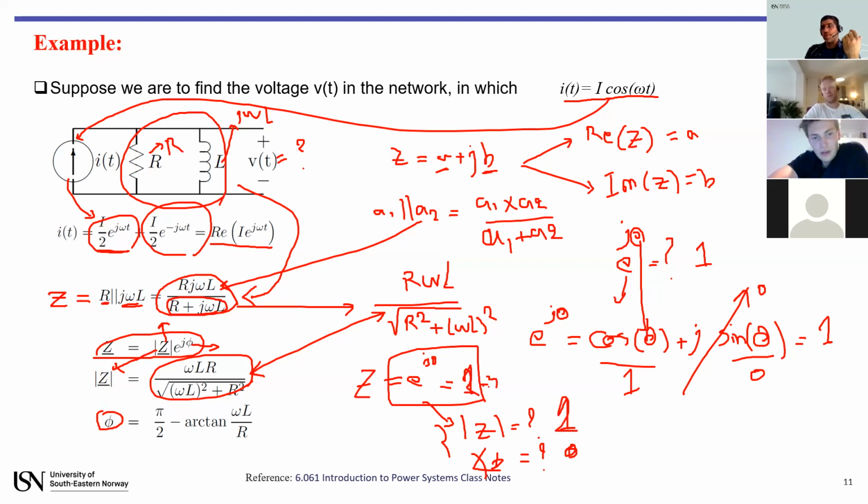If it's 2.5, the amplitude will be 2.5, the angle or phase will be 0. So for every real value, the angle will be 0. You have to remember that. And I have to erase this one.